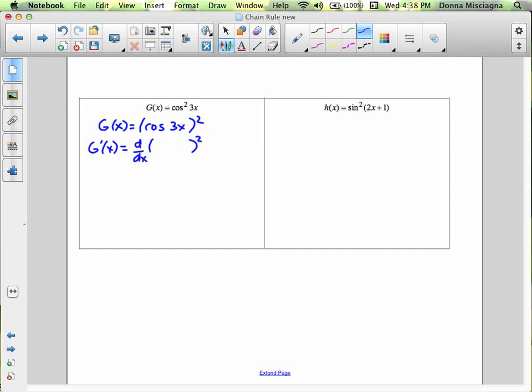Then we're going to take the derivative of the cosine blob, because in cosine 3x there are two functions, cosine and 3x. And then we're going to take the derivative of the 3x. So we're going to do all those things in this chain rule.